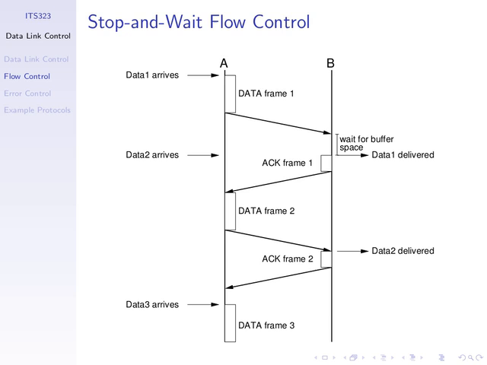So in this example, B receives the data frame, and let's say the buffer at B was full after it received that data frame. So if we had a buffer size of, say, the buffer at the receiver, or the memory at the receiver, had a maximum size of 1,000 bytes.